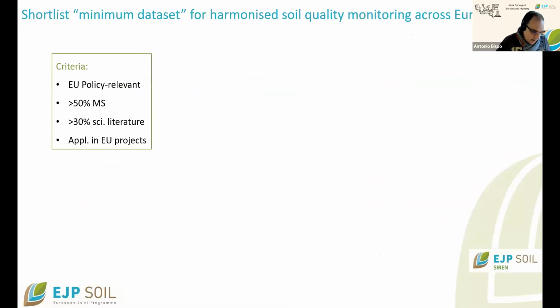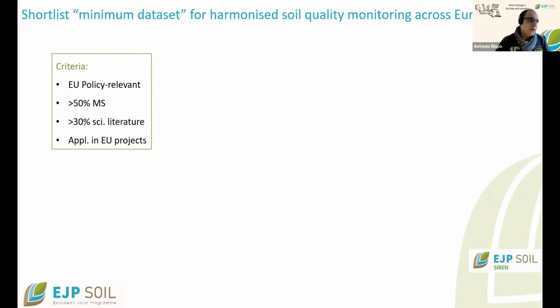And so we tried to define a minimum data set of indicators for monitoring soil quality across Europe. And to make that selection, we decided to cross different criteria. The first criterion, remember the top-down approach, is that those indicators should be policy relevant.